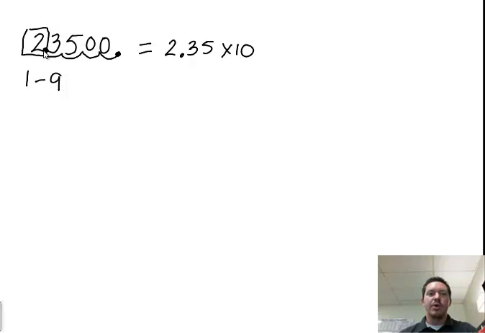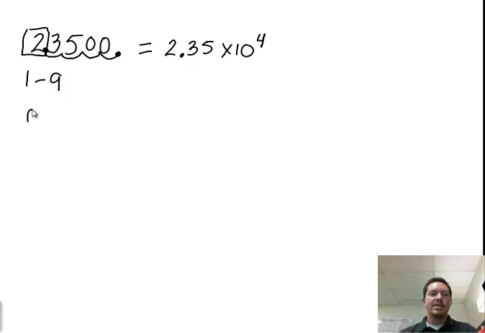Because this number, 23,500, is bigger than 1, my exponent is positive, and I moved it 4 places. So this is the number of places I moved my decimal. I don't need to write a plus sign to indicate that it's positive, so it's assumed to be positive when I write it like such.